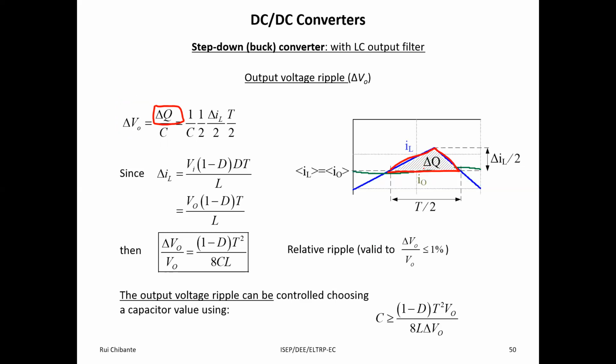And this is a triangle. So the calculation that we are doing is to calculate this charge as the area of this triangle, using the base and the height of the triangle. So what we have here is the formula of the area of a triangle, the base times the height divided by 2.